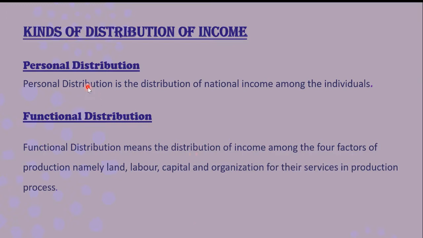One is called the personal distribution and the other is called the functional distribution. 22nd question: mention the types of distribution. For this, the answer will be 1, personal distribution, and the second one is functional distribution. You just have to mention the types of distribution.